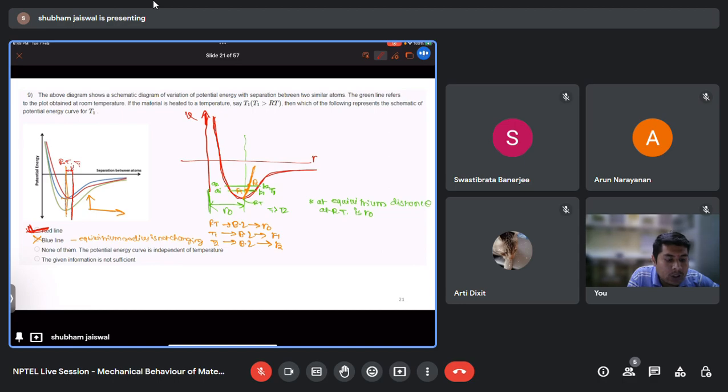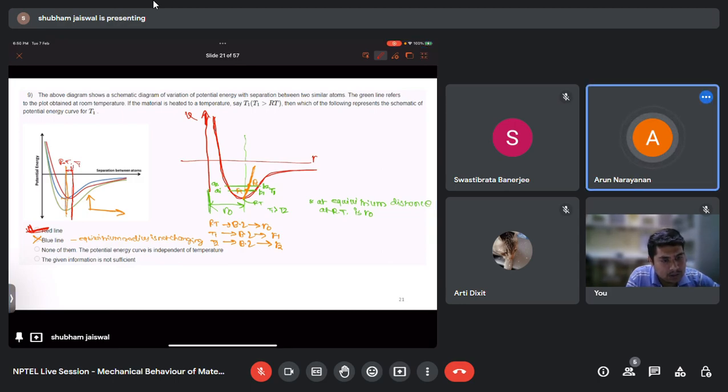So when we heat, the material gets deformed, meaning it expands, and that expansion is due to the change in the bond length. Am I correct? Yes, sir. Correct, so now you got it. Why is the bond length changing? Yes, sir, I got it. Thank you.